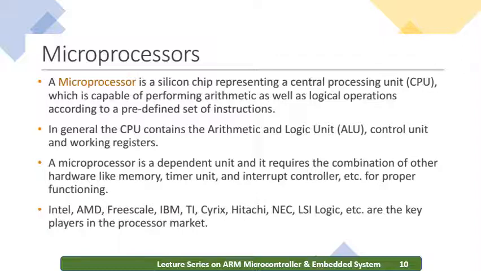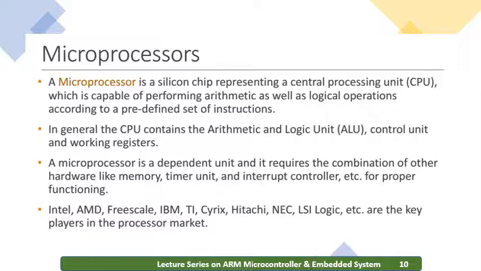So the first one is the microprocessor. A microprocessor is a silicon chip representing a CPU capable of performing arithmetic as well as logical operations according to a predefined set of instructions. In general, the CPU contains an arithmetic and logic unit and the working registers.